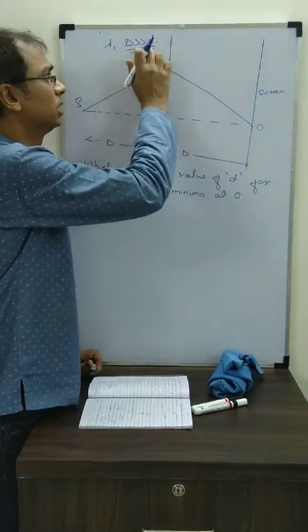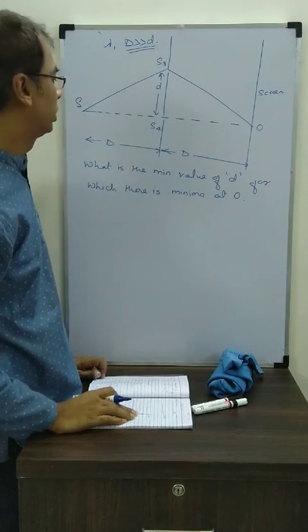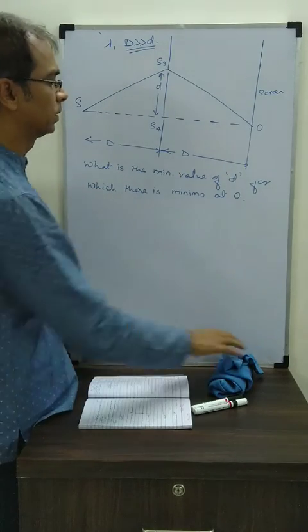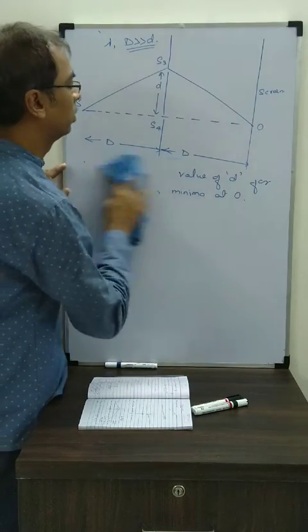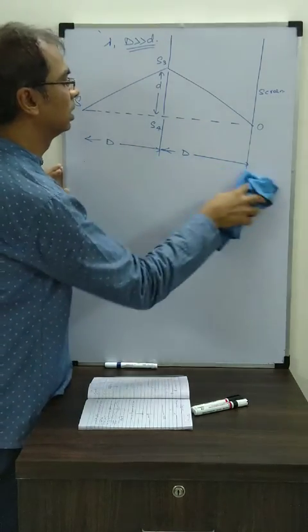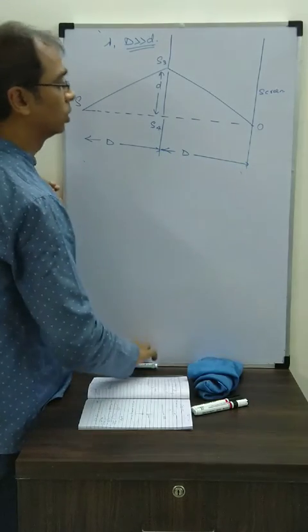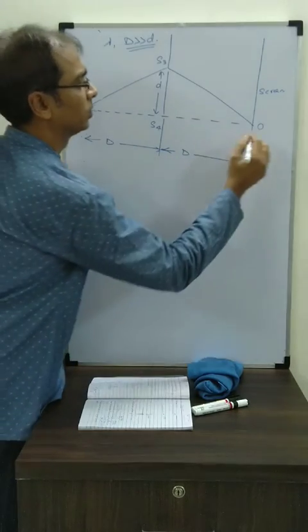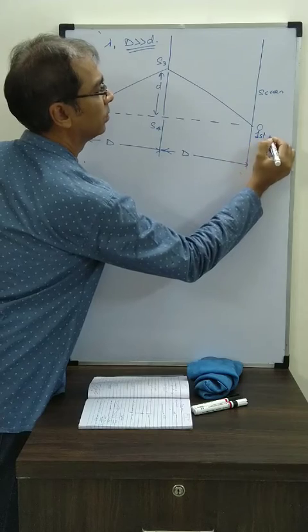Only given information is that D is very large as compared to small d. So what to do in this? Now see, for minima to be at O, and that too he is asking the minimum value of d, for that we can consider that at O there is the first minima, because for the first minima only the minimum path difference is required.